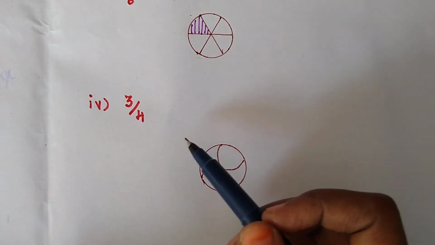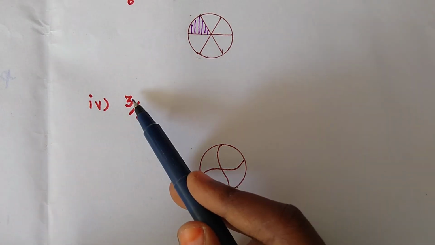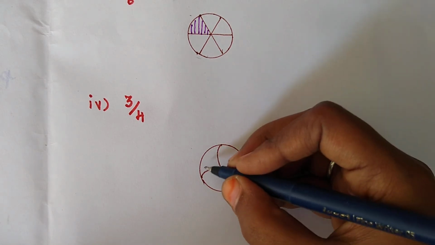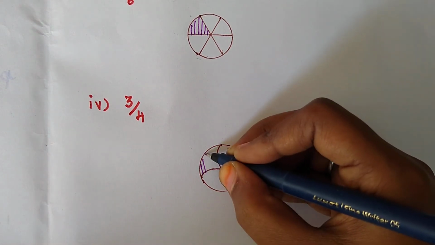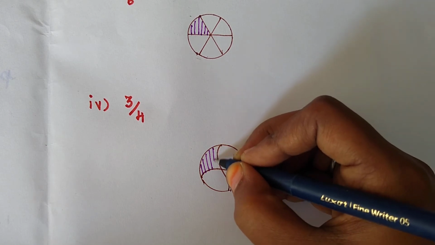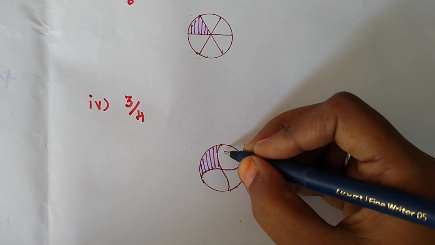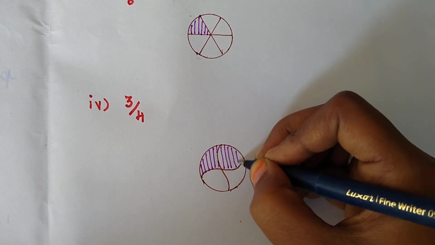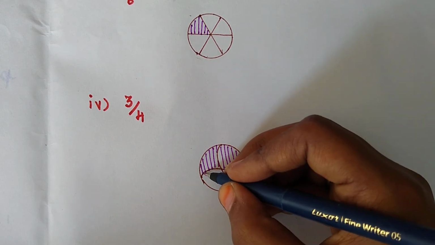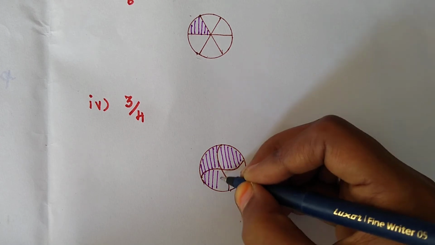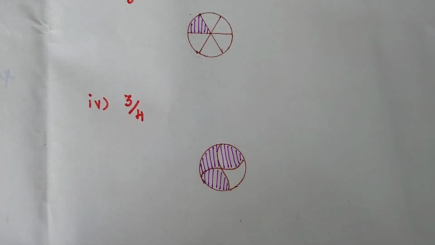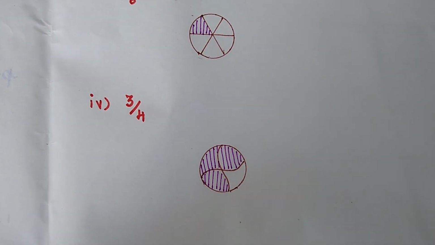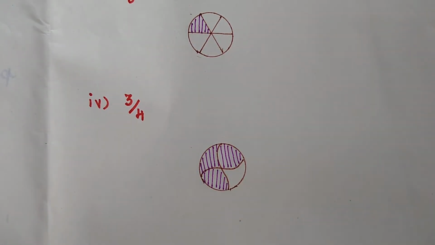How many parts do we have to shade? 3 parts. So, we have to shade 3 out of 4. This is the answer.